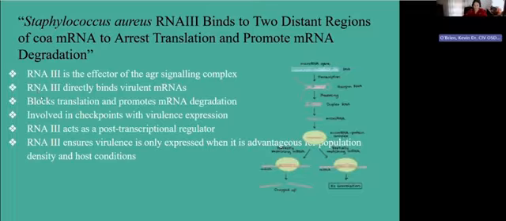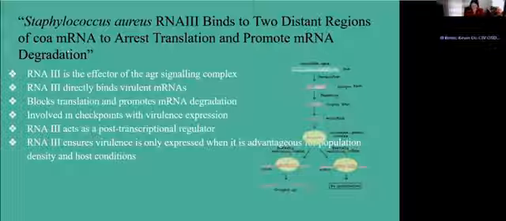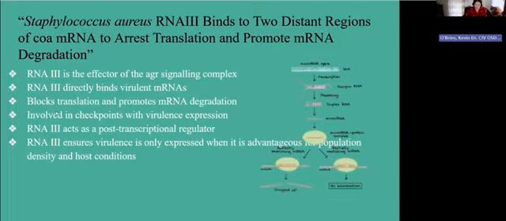RNAIII directly binds virulence mRNAs. It blocks translation and promotes mRNA degradation. So at the translation initiation site where the ribosome would attach to translate the mRNA, it blocks that. So that's how it degrades the mRNA. It's involved in checkpoints with virulence expression. It also acts as a post-transcriptional regulator, and it ensures virulence is only expressed when it is advantageous for population density and host conditions.